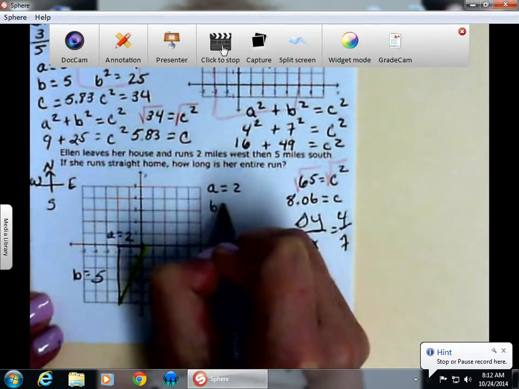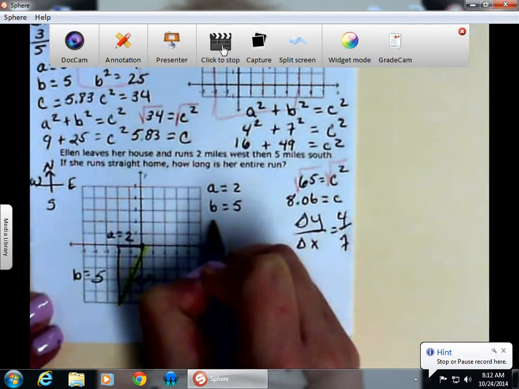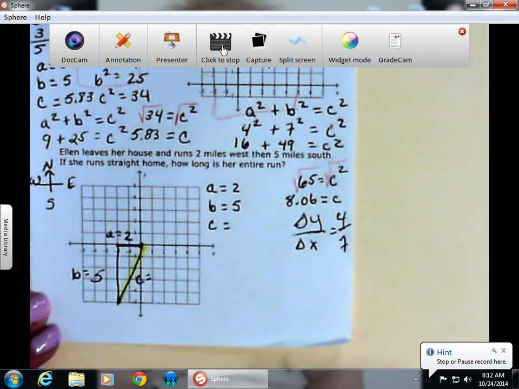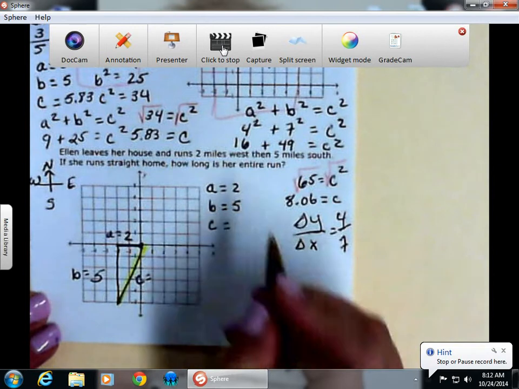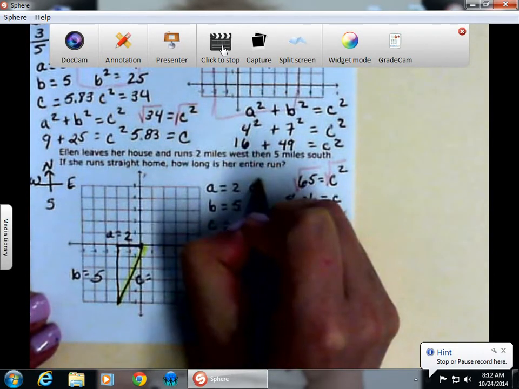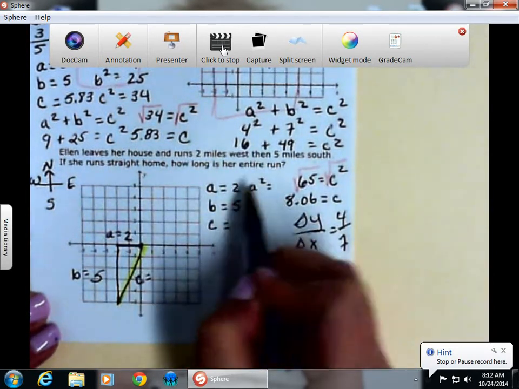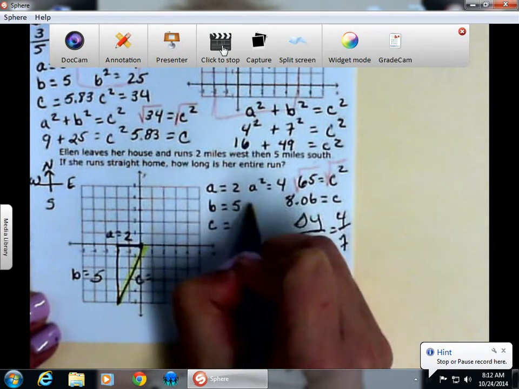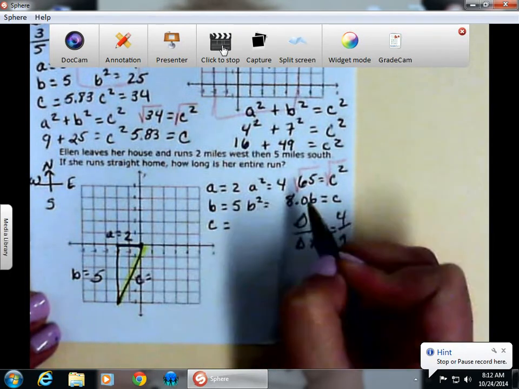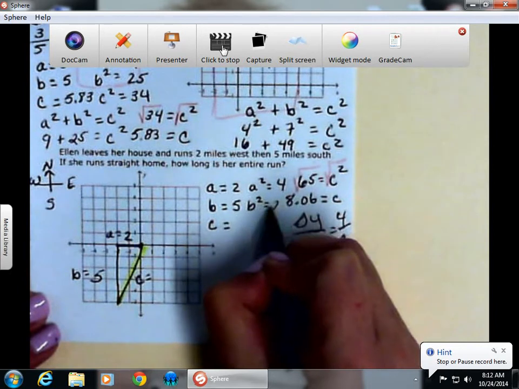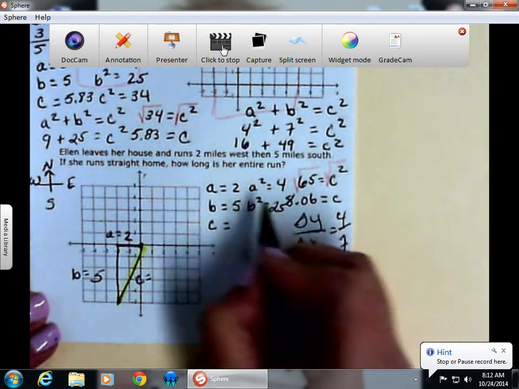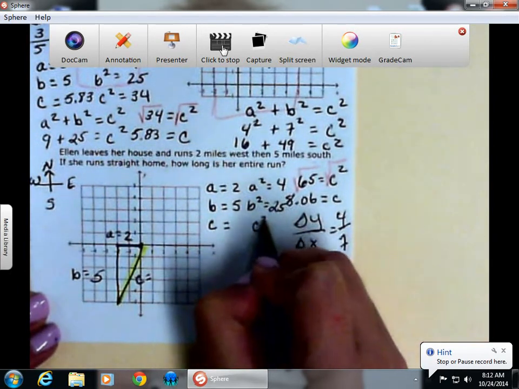I know that A squared, I'm going to need that. 2 times 2 is 4. B squared, 5 times 5 is 25. I don't know what my C or my C squared is yet, but we'll find that out very soon. In fact, right now. Alright, we're going to use Mr. Pythagoras and his theorem again.